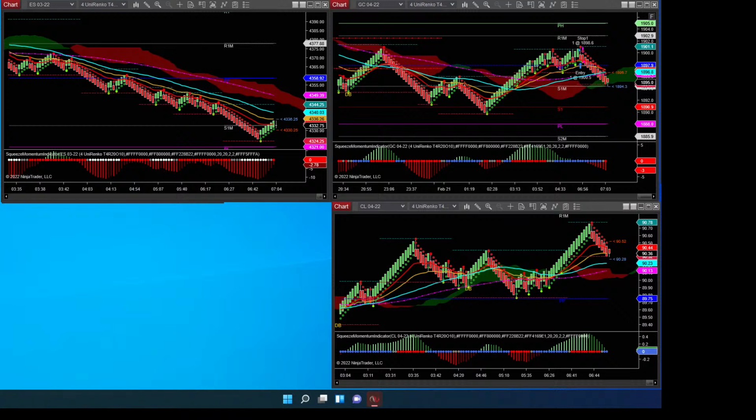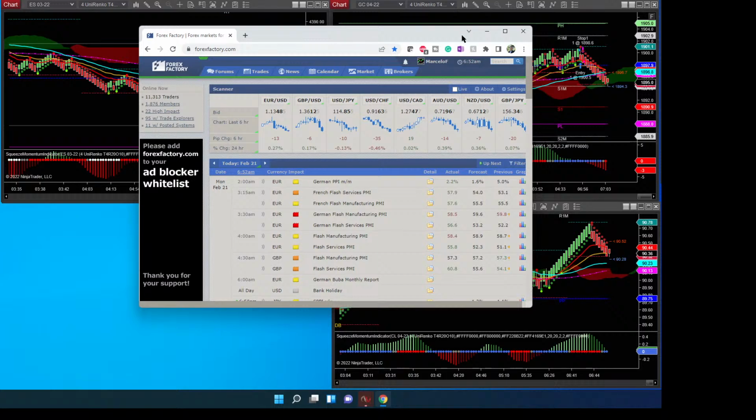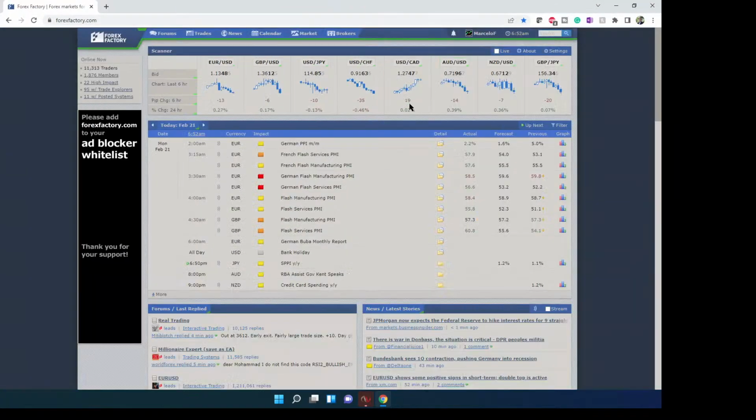What I'm gonna do in the morning is going to be to review the economic calendar. So let me share with you the one that I use. Every day I look at this Forex Factory calendar. Today is February 21st.